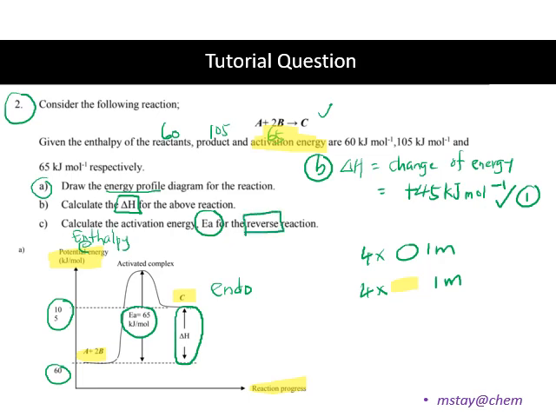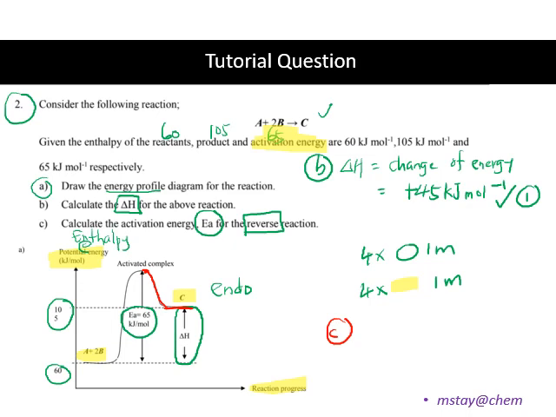Calculate the activation energy for the reverse reaction. So for question number C, we are going to do here. When it is the reverse reaction, it means that C is the reactant. So C needs to climb up to this peak, which here is 105.